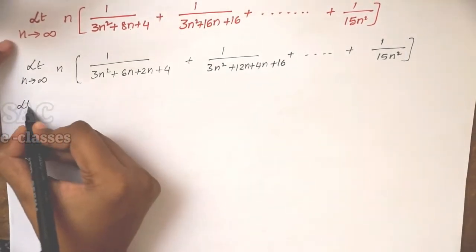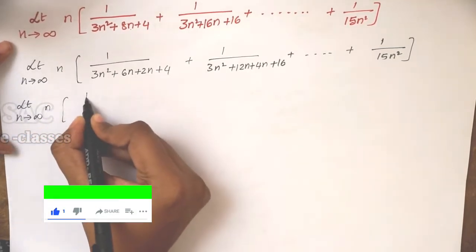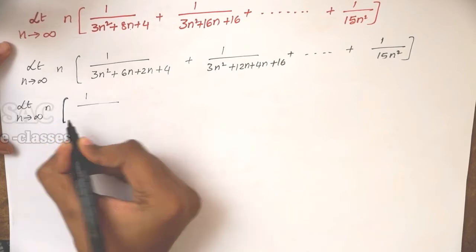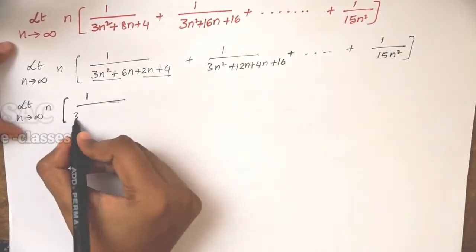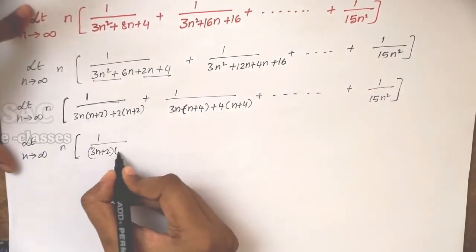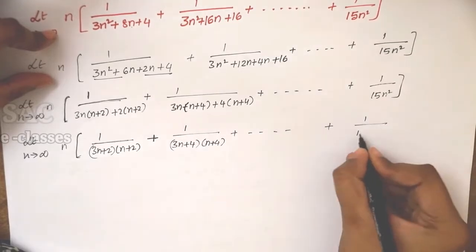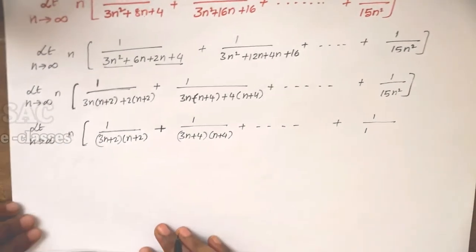Now limit n tends to infinity, n into 1 by, factorize it. Now see here, I have factorized this.